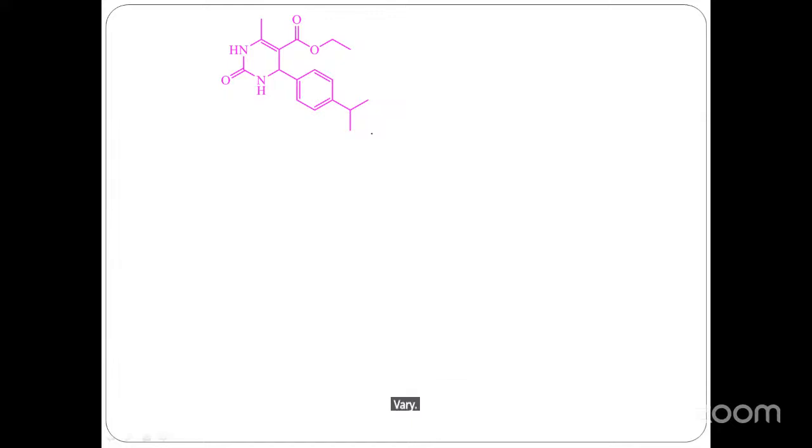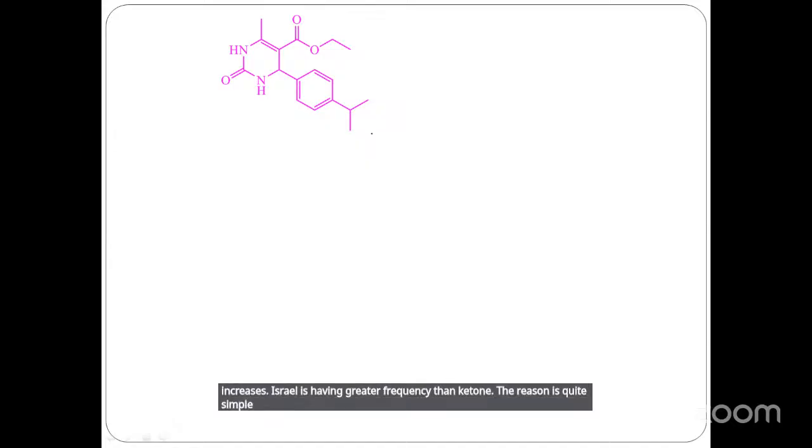Whenever conjugation is there, frequency decreases. And whenever a heteroatom is adjacent to the carbonyl, the frequency increases. Ester has greater frequency than ketone. The reason is quite simple: the carbonyl is next to oxygen. Everyone knows this.